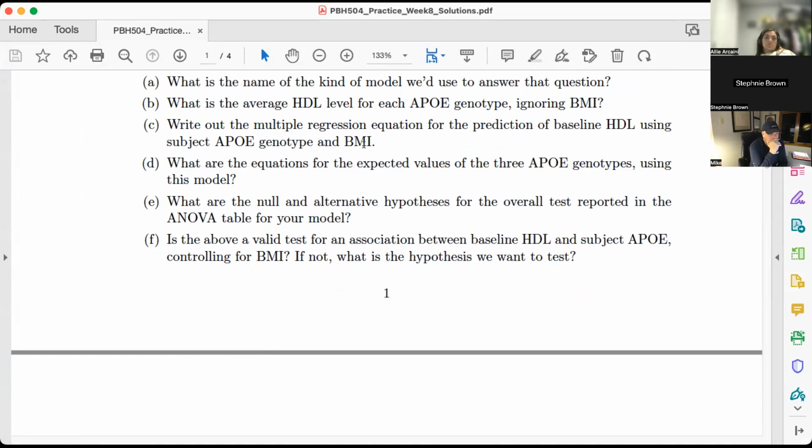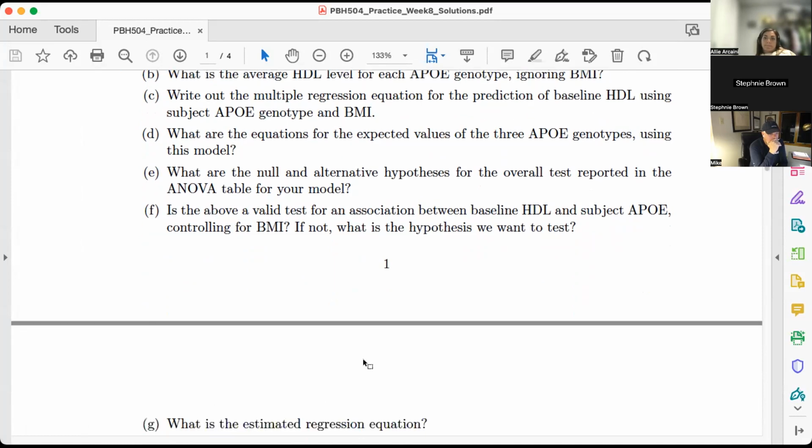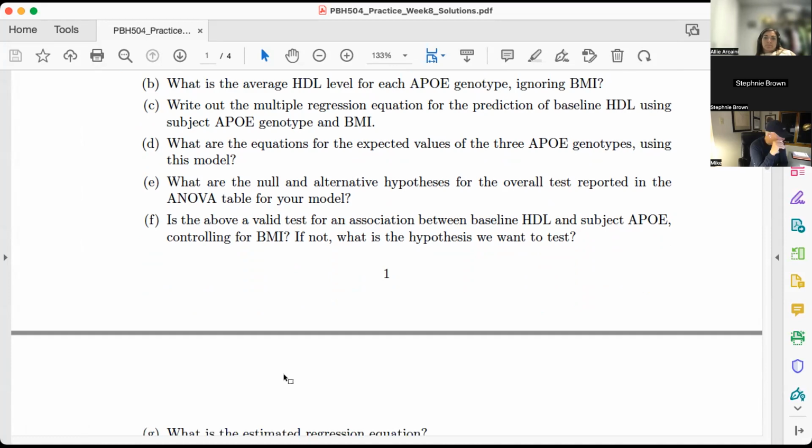Implicit in that is writing it out the way that SPSS is going to fit it, right? So if you remember, SPSS makes the reference category the alphabetically last or numerically last category. With this variable, it's kind of tough because it's got an E and then a number. So you use the number.